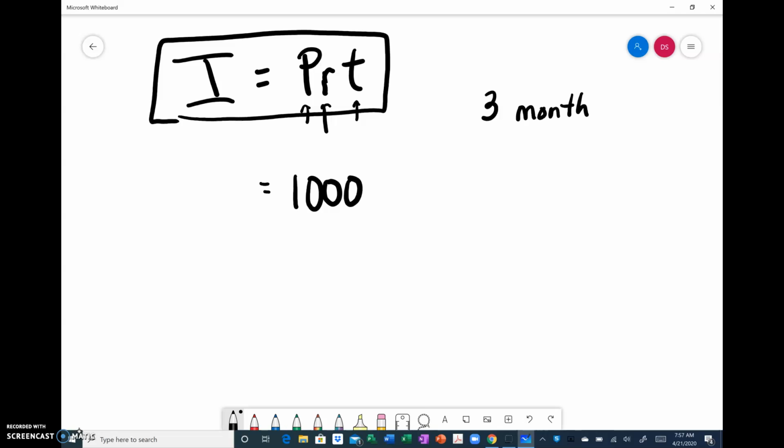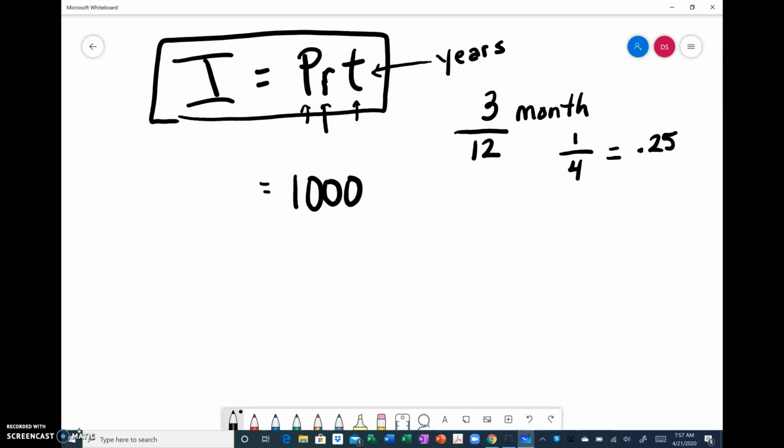Now, what did we say about time? It has to be shown in years. How much of a year is 3 months? Well, it's 3 of 12 months, and that can be reduced to 1/4, which you can change to the decimal 25 hundredths, okay?